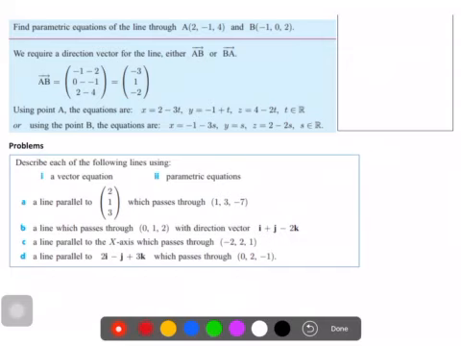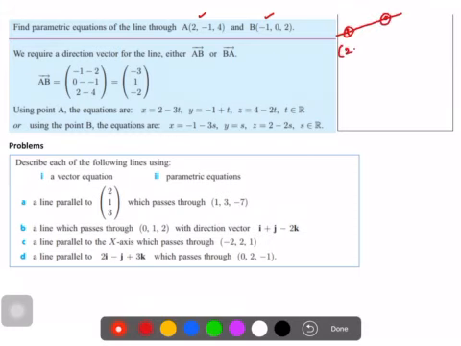Let's move on. Now we have another case. Now we don't have a direction, we have 2 points A and B. In the first slide I explained how to figure out the position vector through 2 given points.